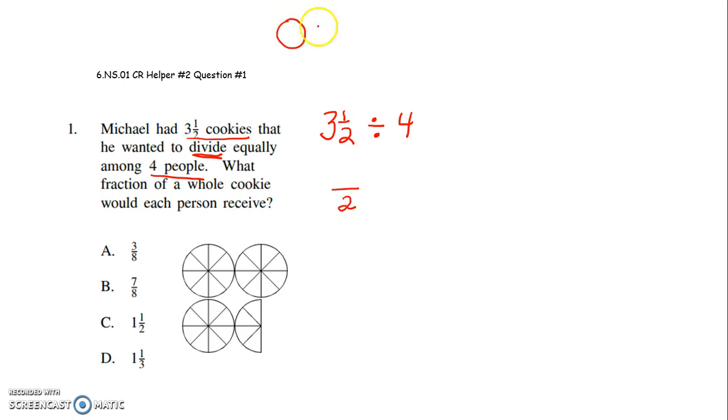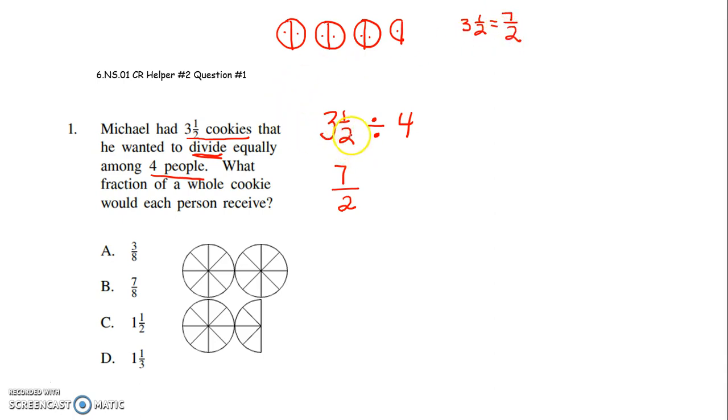If we have 1, 2, 3, and another half, how many halves do I actually have? I actually have 1, 2, 3, 4, 5, 6, 7 halves. So 3½ is the exact same number as 7 halves.